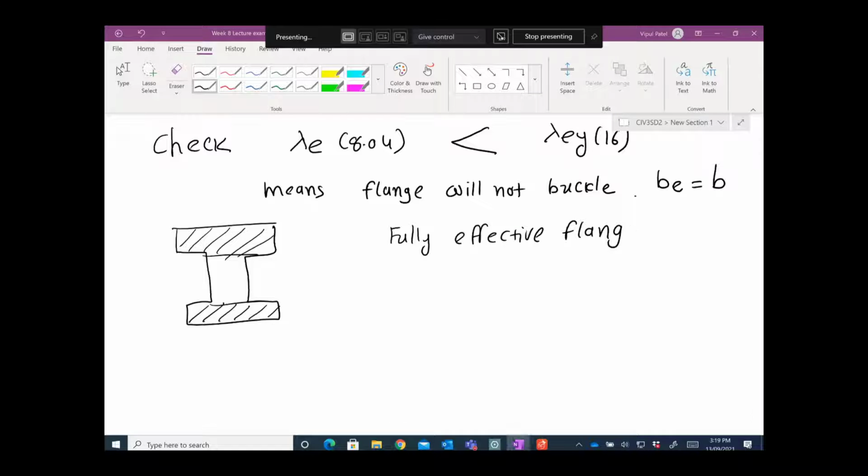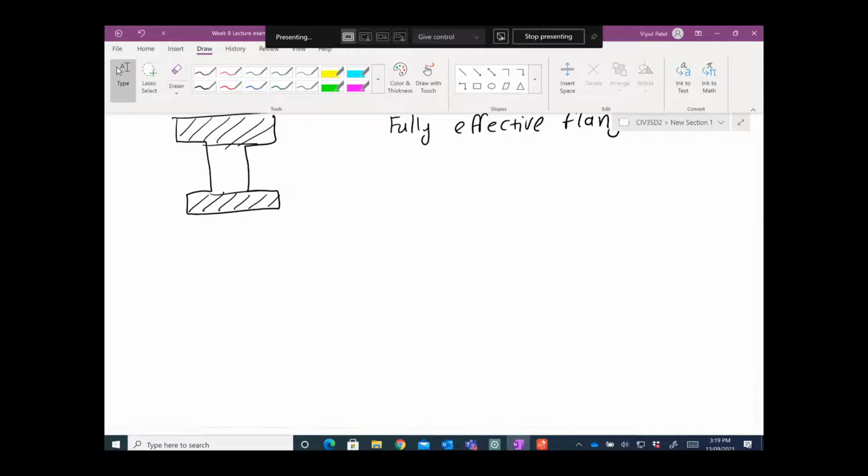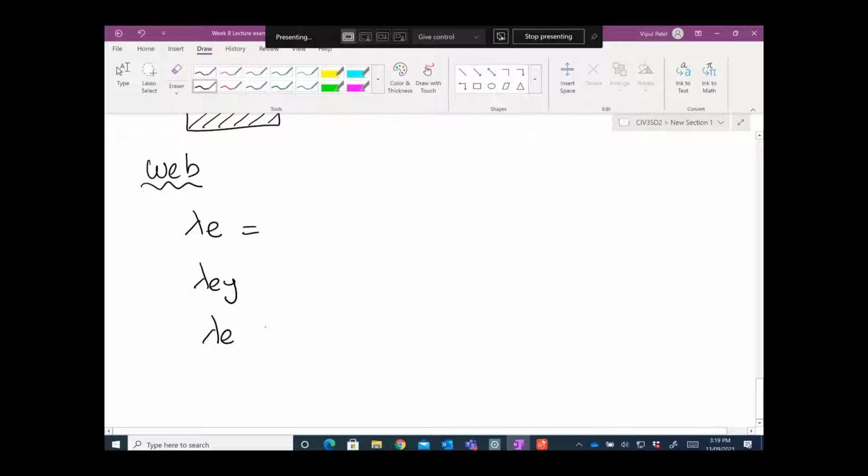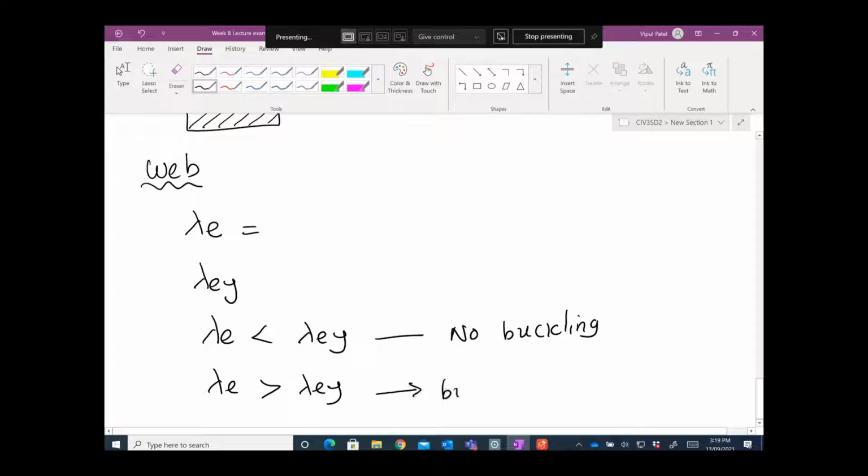Now for the case of the web, let's check the web. Again we're going to calculate lambda E, and we compare whether lambda E is less than or equal to lambda EY, then there is no buckling. If lambda E is greater than lambda EY, buckling occurs.